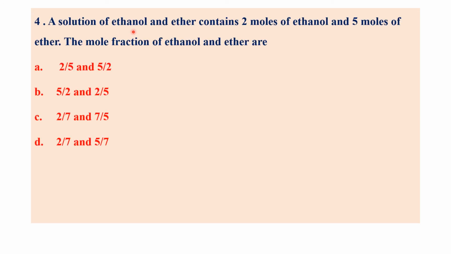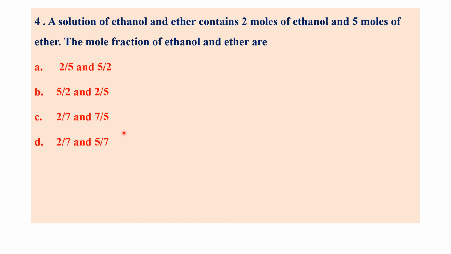A solution of ethanol and ether contains 2 moles of ethanol and 5 moles of ether. The mole fractions of ethanol and ether are 2 by 5 and 5 by 2, 5 by 2 and 2 by 5, 2 by 7 and 7 by 5, 2 by 7 and 5 by 7. This is the mole fraction.